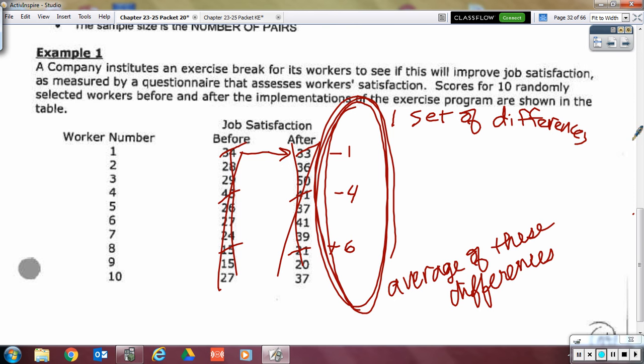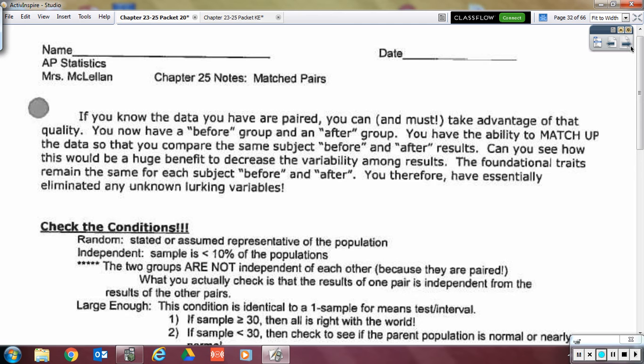So if we take a look up here at the top, we'll talk about what this is called. If you know that you have data that is paired, or you can make it paired, then you want to take advantage of that, because you could have a before group, before the treatment, and then after the treatment. And you have the ability to match up the data so you compare the exact same subject before and after. So can you see how this would be a huge benefit? Because it would really do what to the variability?